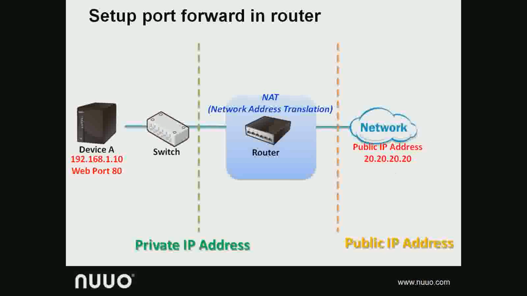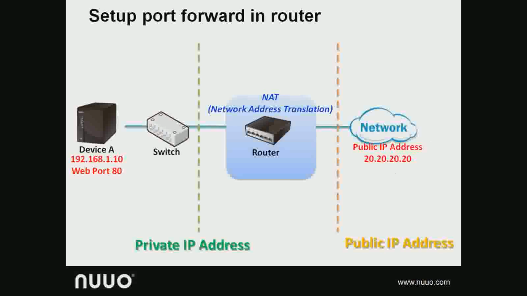In this scenario, we have two NUO NVRs in the local area network with private IP addresses 192.168.1.10 and 192.168.1.30.